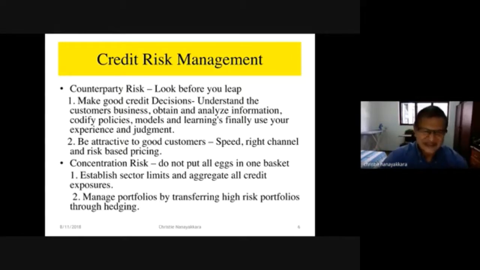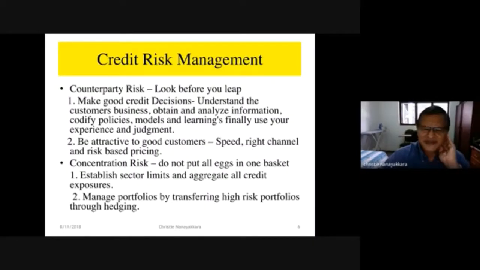So the second item on the credit risk, the second type, we call it concentration risk. I told you on the credit risk, the first item on the left side of that is called portfolio management, or we call it portfolio analysis.